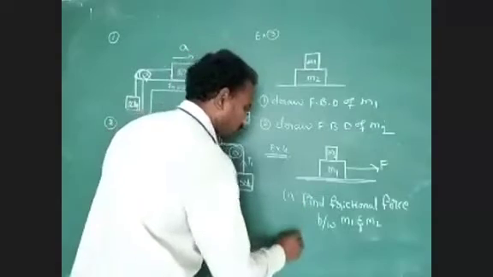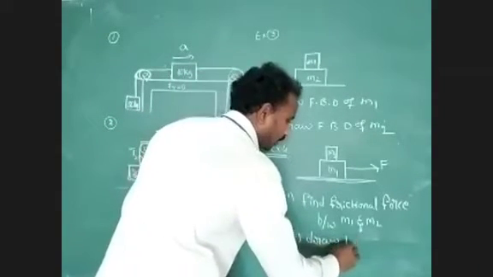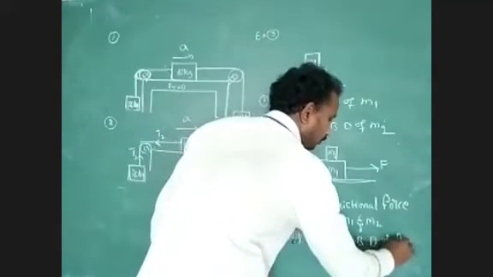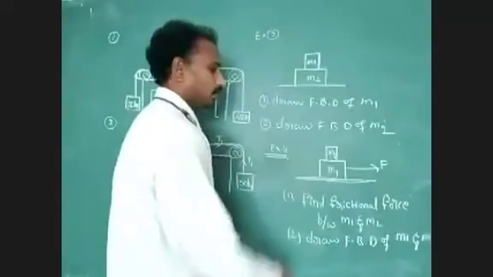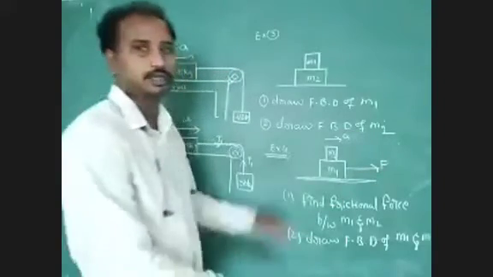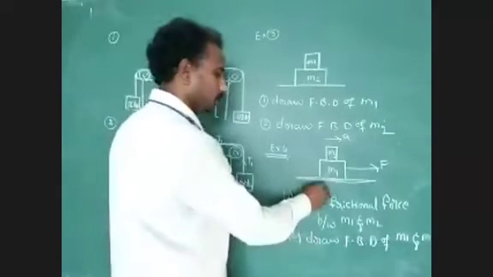Next one, second one. Draw the free body diagram of M1 and M2. Here both the bodies are moving with a common acceleration. Don't forget this point. Both are moving with common acceleration.